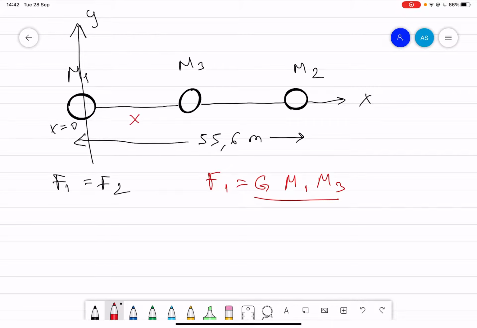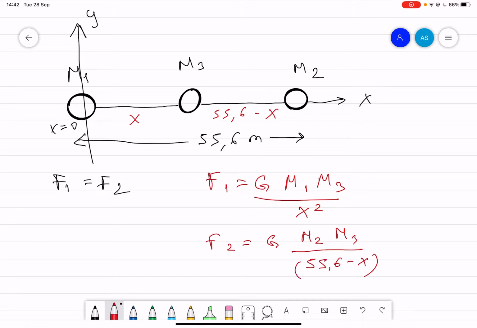This one will be 55.6 minus x, the distance between m3 and m2. So x squared, and after that F2 is equal to G m2 m3 divided by (55.6 minus x) squared.